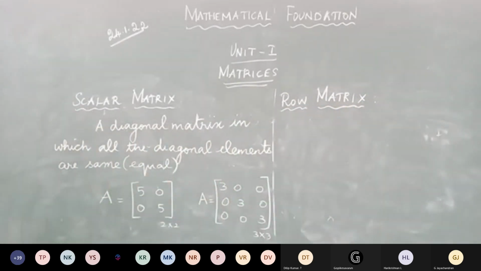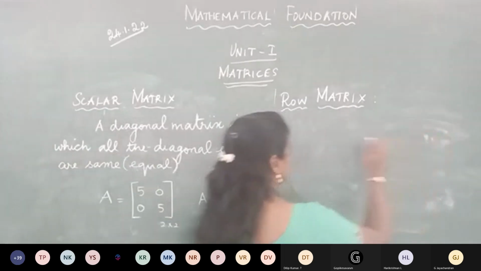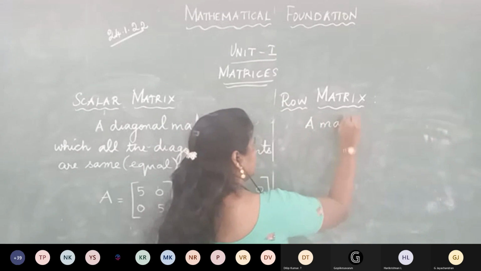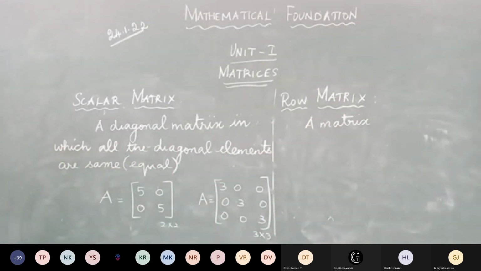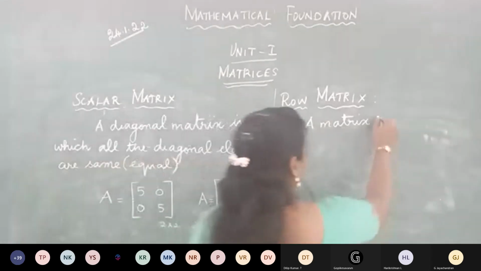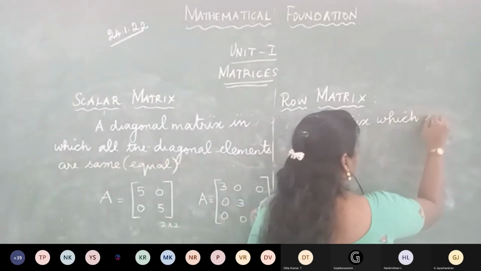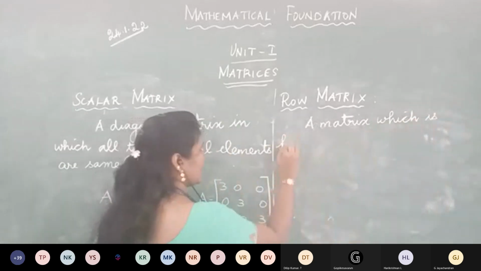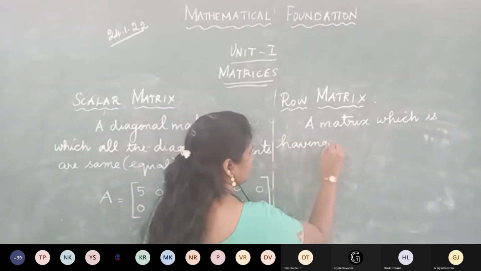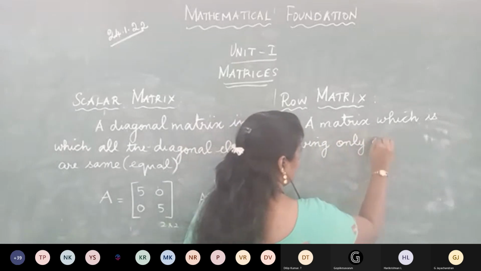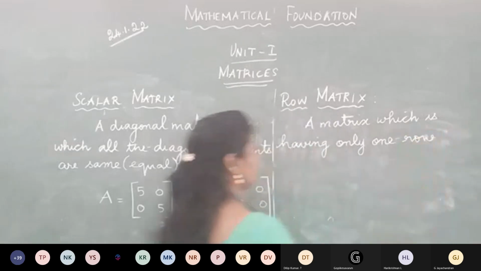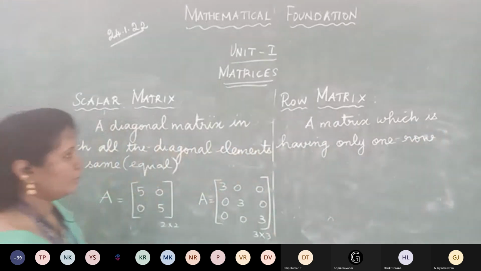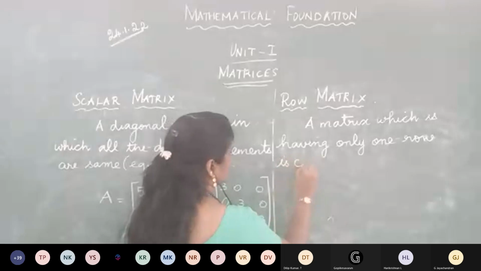Row matrix means a matrix having only one row. Only one row is called the row matrix.